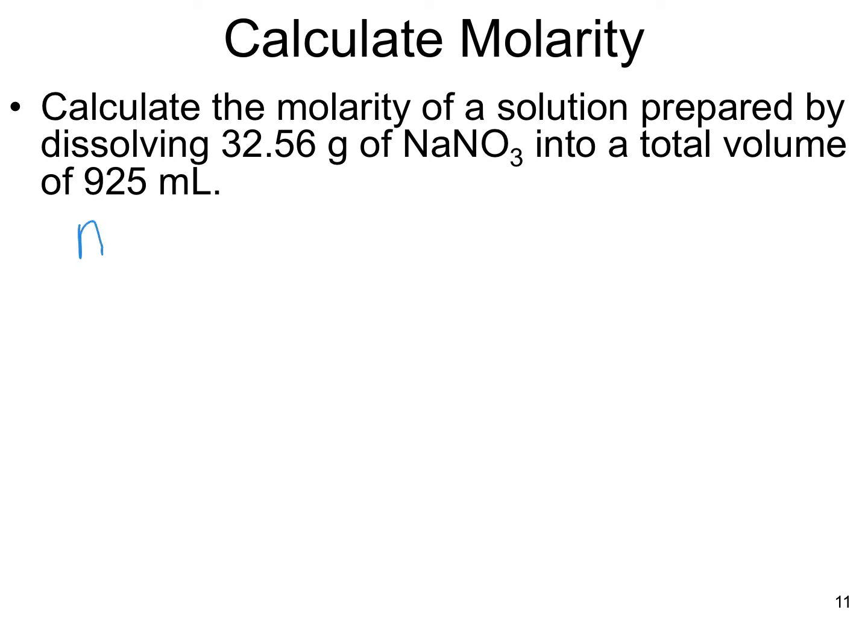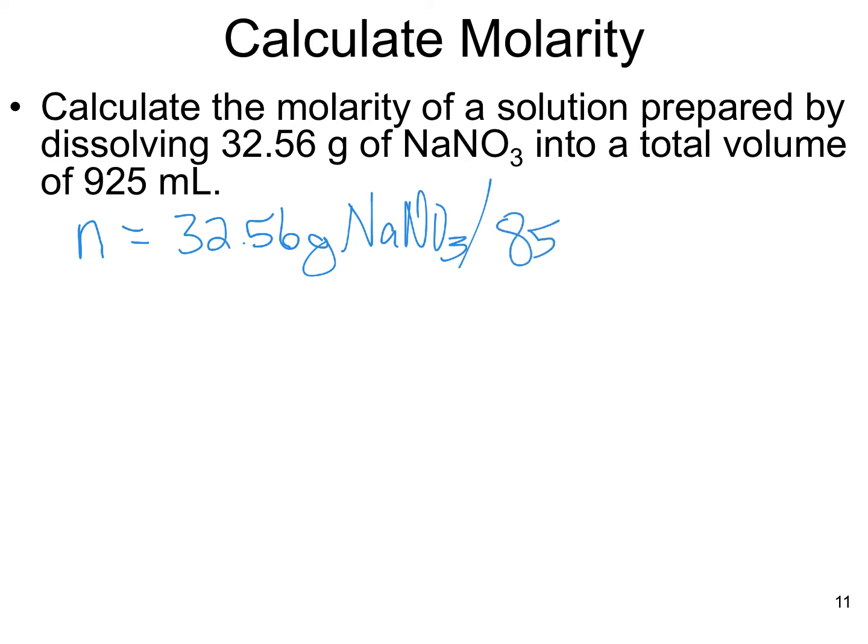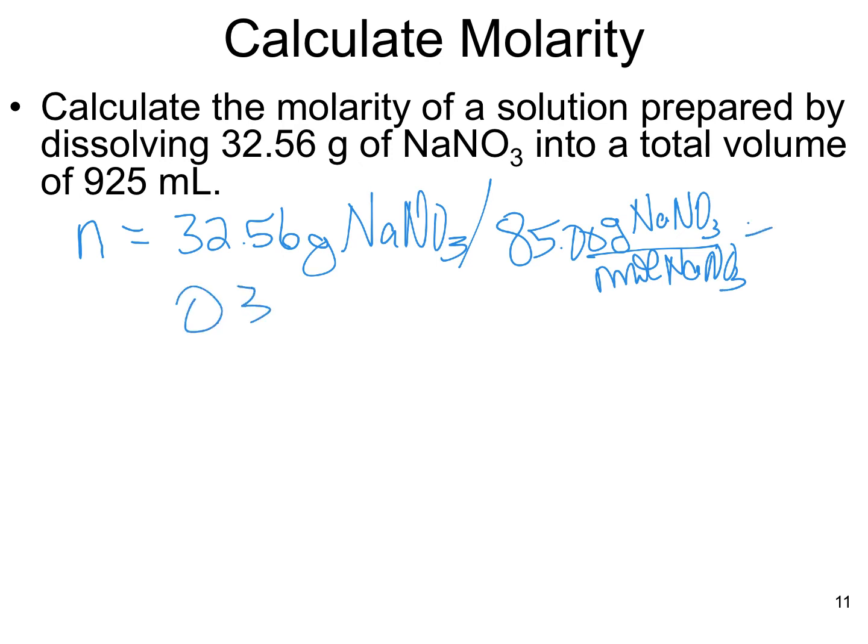Thus, the moles of sodium nitrate are 32.56 grams NaNO3 divided by 85.00 grams NaNO3 per mole of NaNO3, which is 0.3831 moles NaNO3.